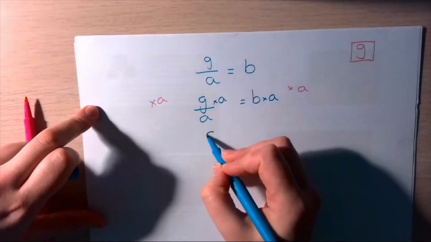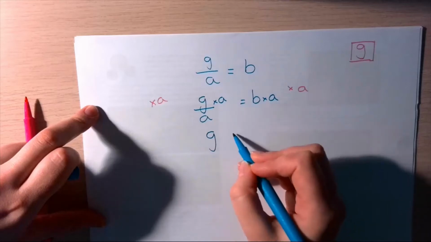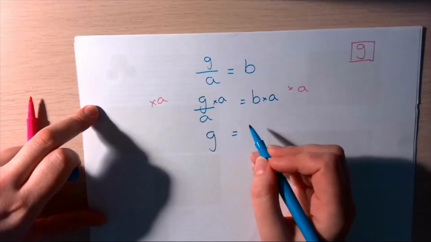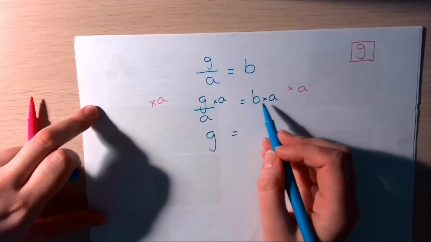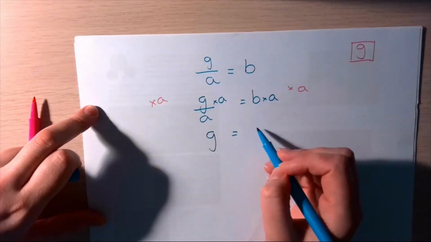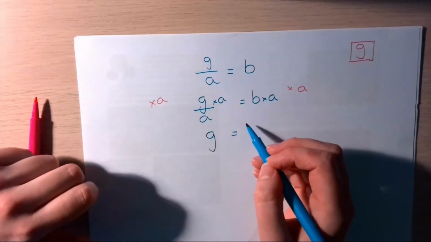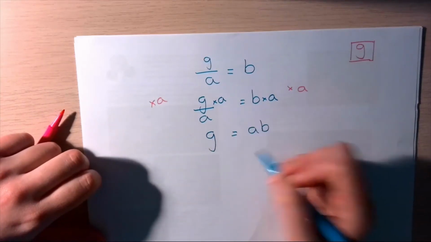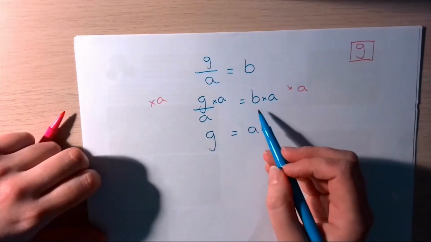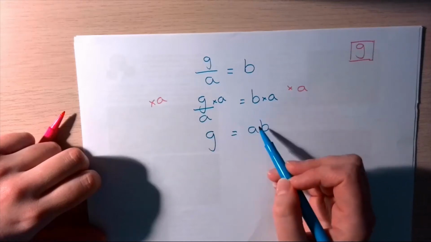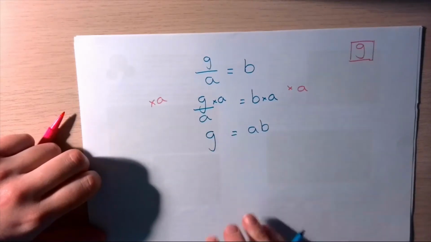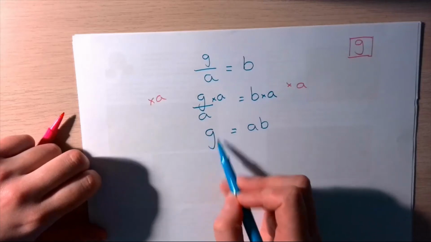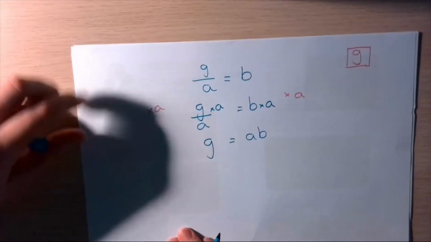So we just get G on this side, and B multiplied by A is, to simplify, we don't bother putting in that multiplication sign, we just put BA. And even better, if you can, remember to put them alphabetically, and we're going to write AB instead. It's the same thing, same as 2 times 5 is the same answer as 5 times 2, for example. Okay, and now G is the subject, it's all on its own, and that's what we're aiming for.